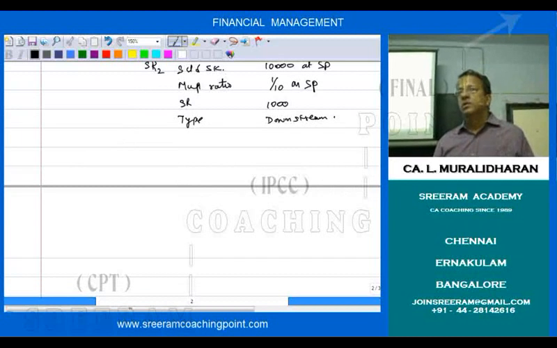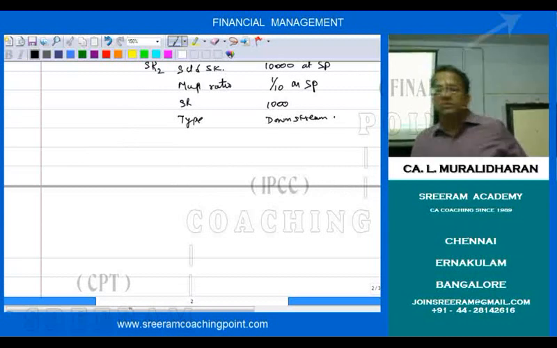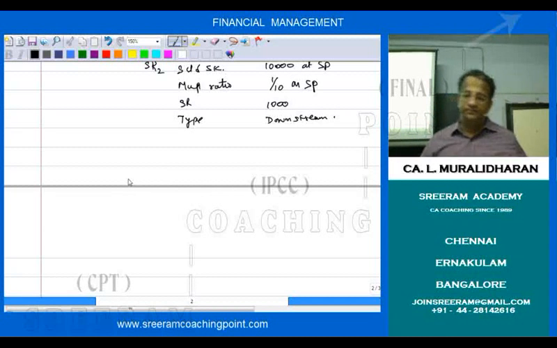Now, how we make a presentation will tell upon how fast we get our answer. Single sheet, we require only 3 items. The first column will help us to find out goodwill capital reserve.